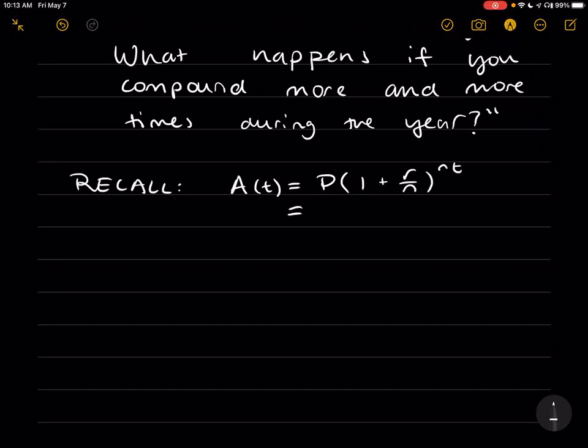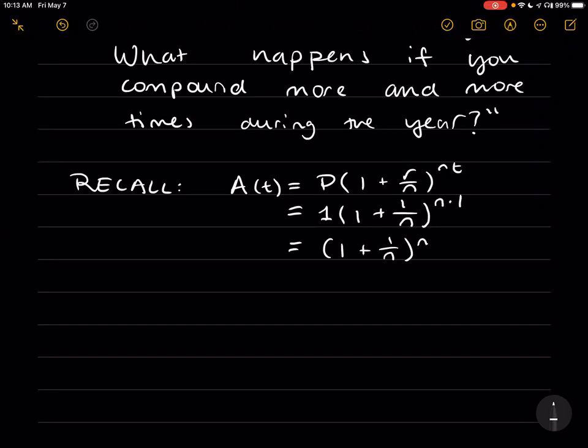So it's $1 times (1 plus, and then our interest rate was 100%, so that's going to be 1 over n), where n is the number of times we're compounding per year. Let's just leave that as a variable for now. And then the exponent is n times t, and we're only doing this over 1 year, so t is 1 as well. You simplify that a little bit, we get (1 plus 1 over n) to the n.